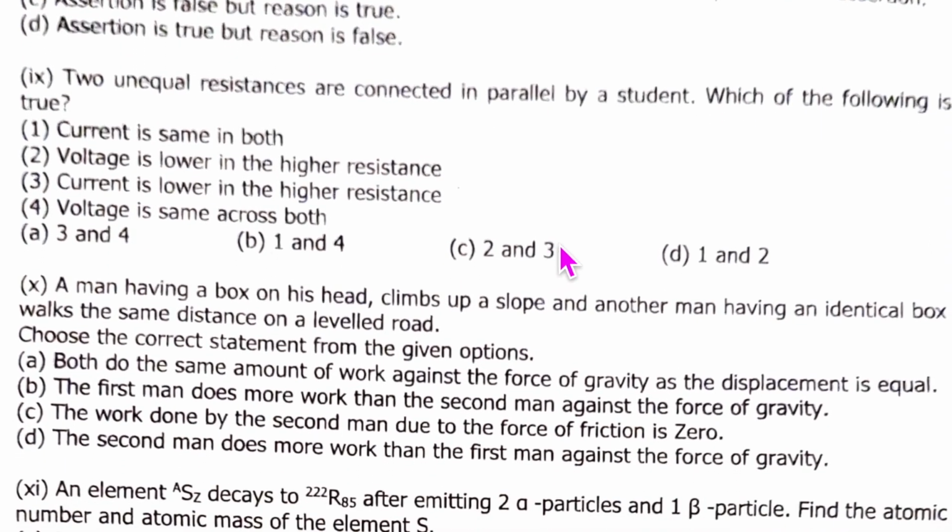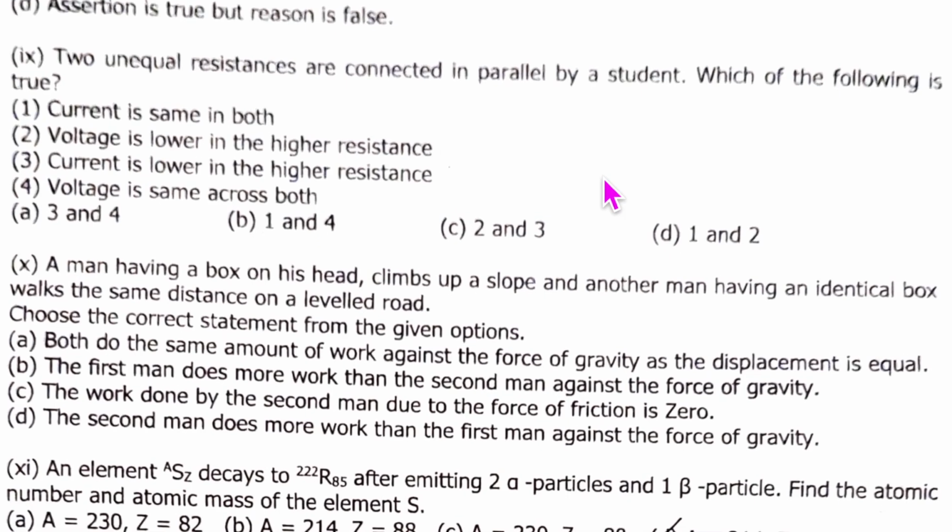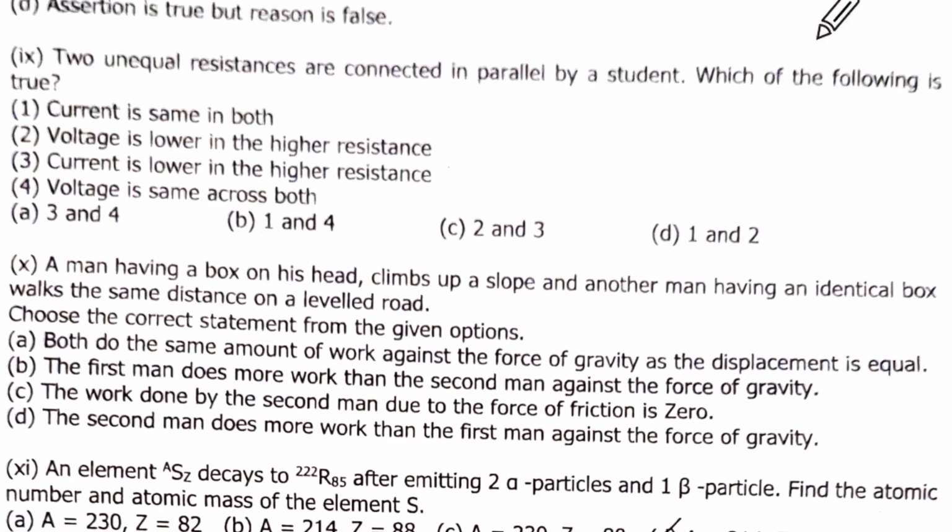Two unequal resistances are connected in parallel by a student. Which of the following is true? Let us say this is R1 and this is R2, and let us say R1 is greater than R2.